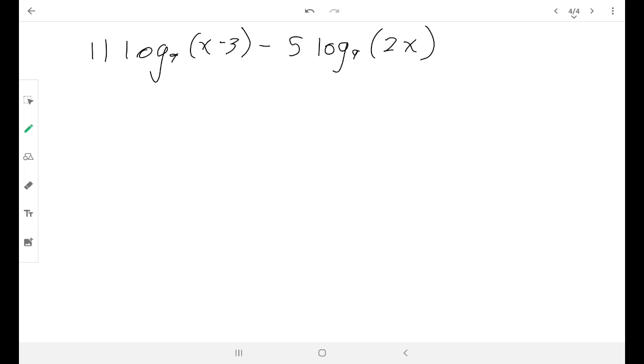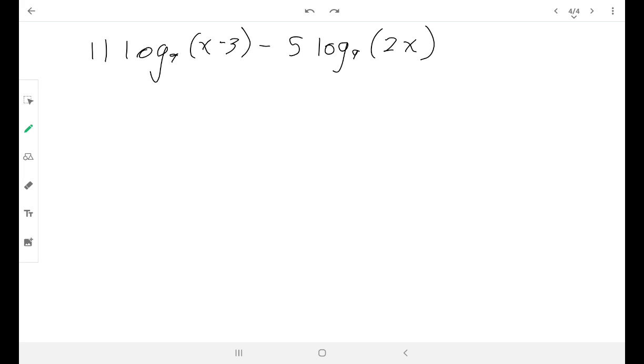So one thing you might see is this minus here, and the fact that I've got the same base for both logs means that I could turn this minus, I can condense it into division. Now this minus I cannot, because that's part of that logarithm, and again, you can't do anything with that. But the problem is, before I deal with that minus, I have to deal with these numbers out front.